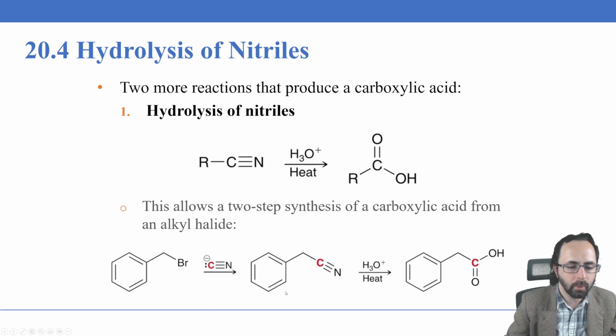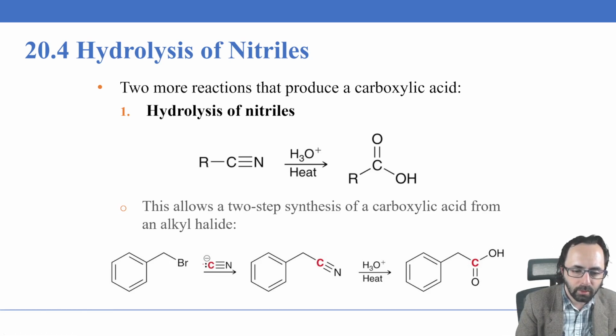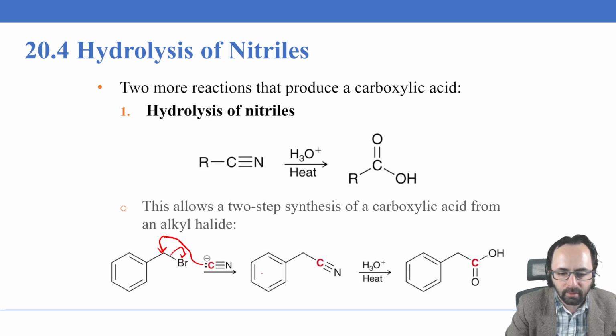So I'll start with what we have on the bottom here. We can produce a nitrile by starting with a halobenzyl group here, and we have an SN2-like reaction, assuming that this is not too sterically hindered, and the leaving group will simultaneously leave, and we'll end up with this nitrile.